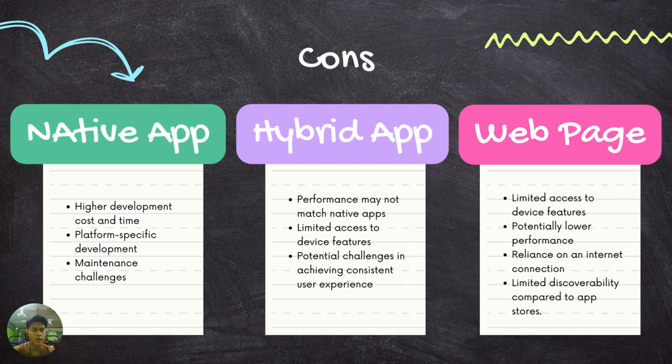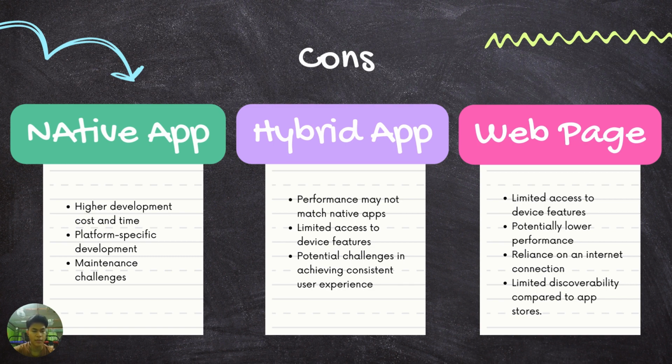And the cons of native application, hybrid application, and the web page. The cons of native application is its higher development cost and time, meaning that to develop a native application, the cost and the time will be longer than to develop a web page.